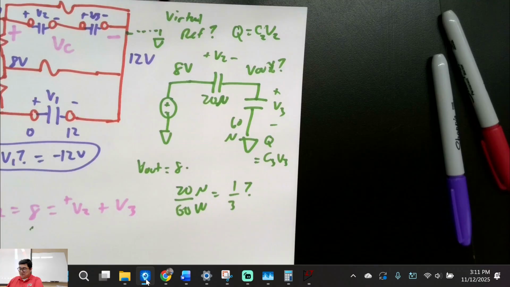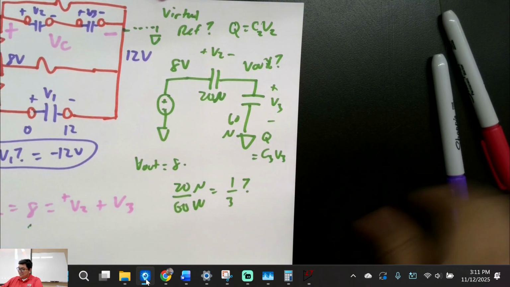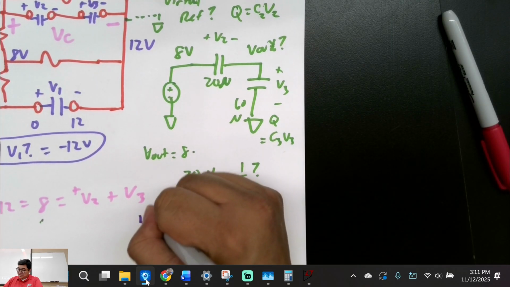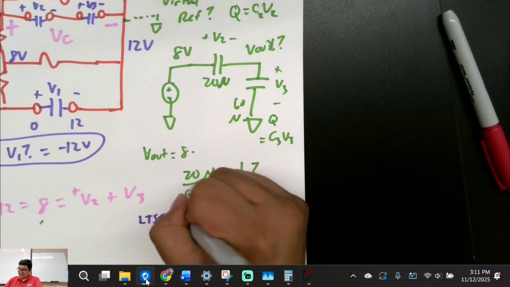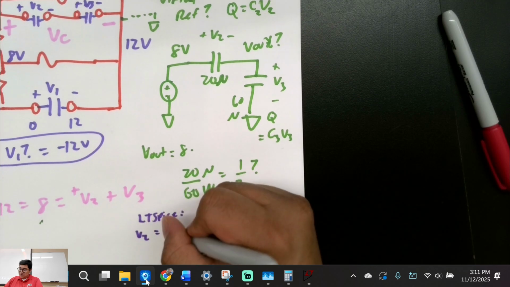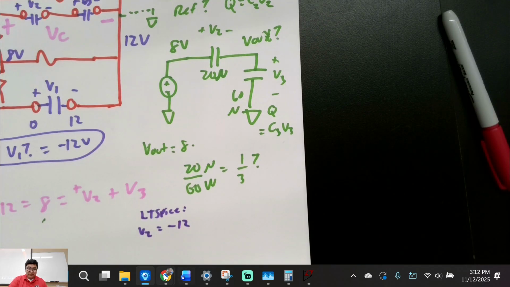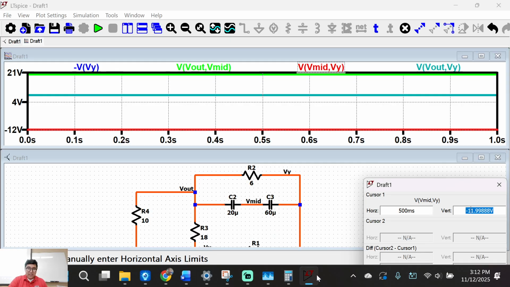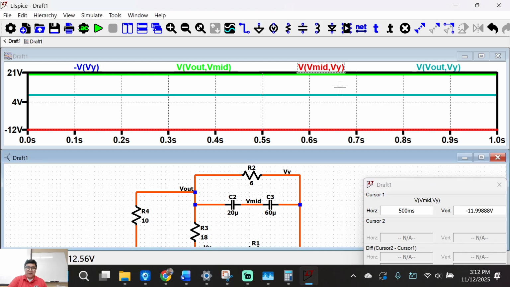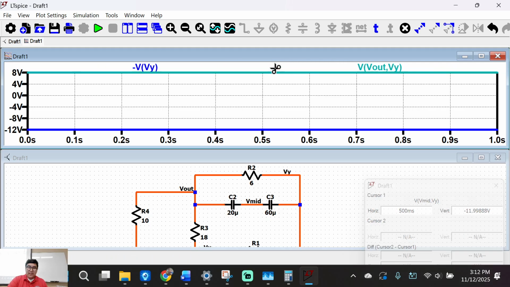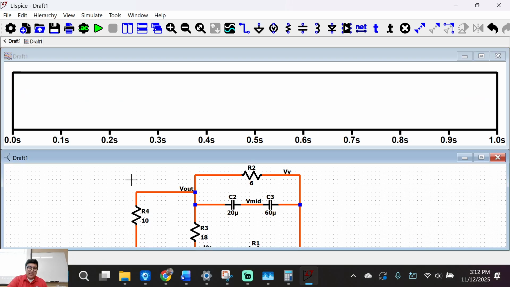So LTSpice is saying V2 is equal to minus 12. And then from V mid to VY. Wait, hold up. Let me try this again. Something's wrong. I don't like this.